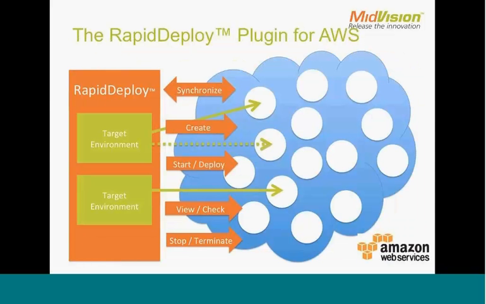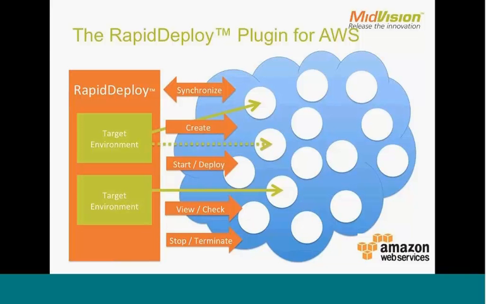So here you can see what features the AWS plugin has. On the right we have the AWS cloud with some instances there which can be stopped or running, and we also have security groups and key pairs. First of all, RapidDeploy synchronizes all these AWS resources, and then we can create instances from RapidDeploy by choosing the AMI ID and all other attributes of the instance.